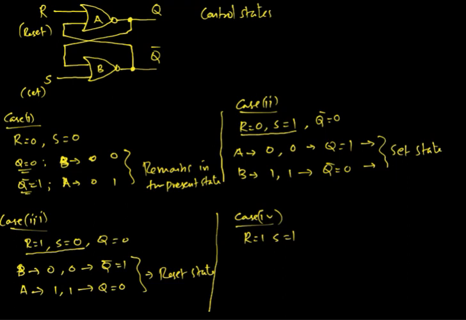In this case, the input signals R and S of the flip-flop force the output of both NOR gates to the same level. But as we know, output Q bar is always the complement of output Q, so the output state of the flip-flop is unpredictable.